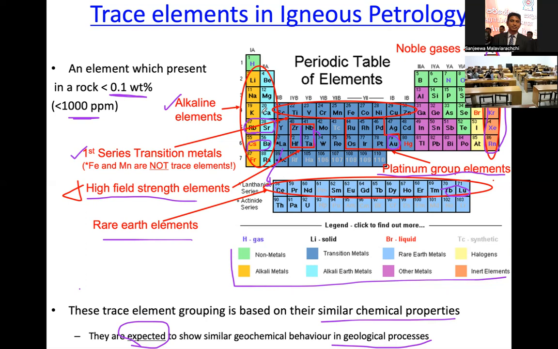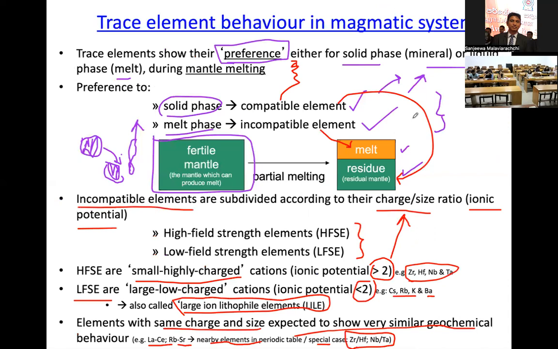But normally the nearby elements like lanthanum, cerium, rubidium, strontium have the same charge and size, so therefore they behave similarly, and also they are sitting close to each other in the periodic table. So these are very important, very preliminary or fundamental aspects in lithogeochemistry.